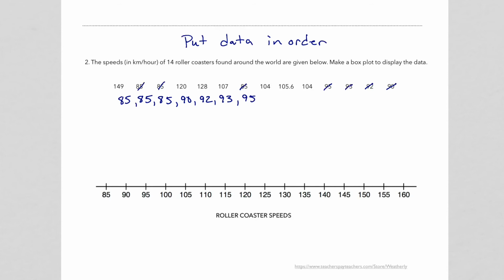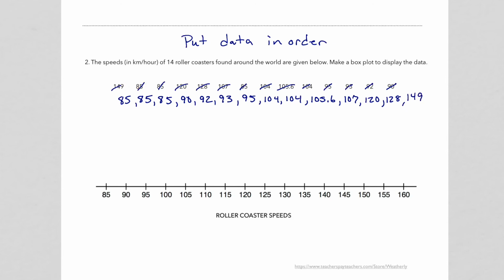Then we have 104, but we have two of them, so 104, 104. Then we have 105.6. Then 107. Then 120. 128. And 149.